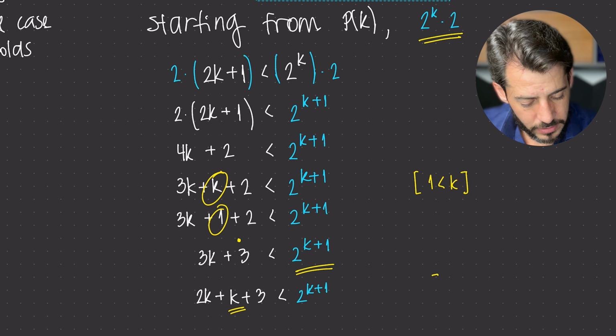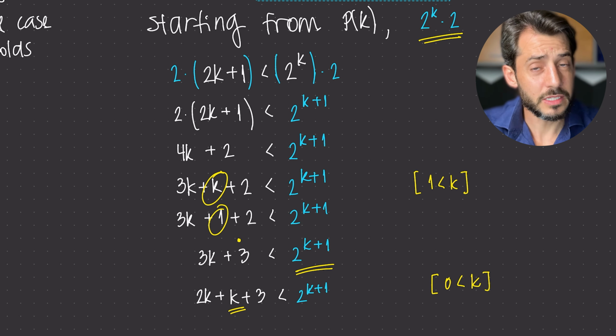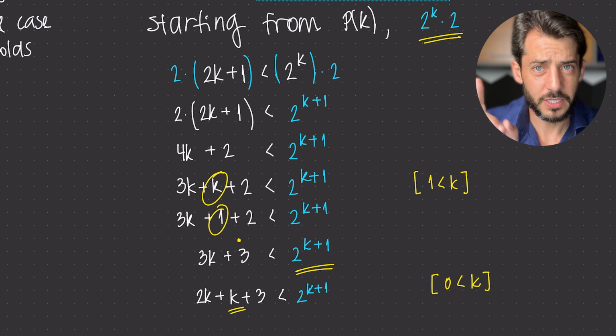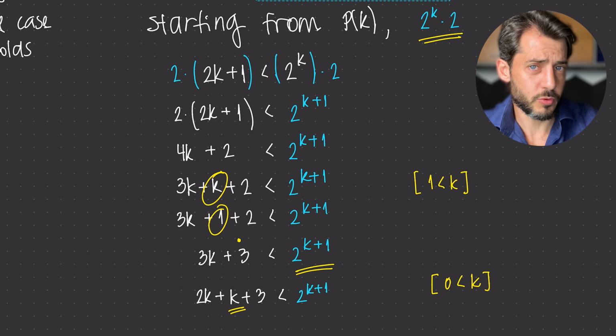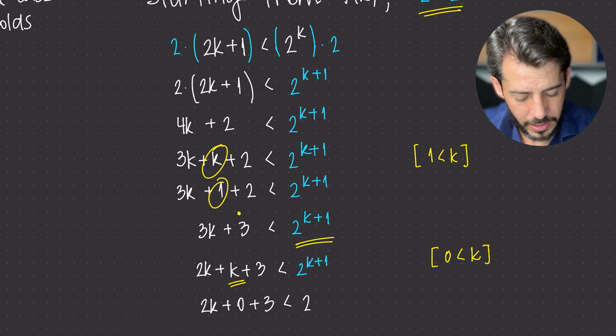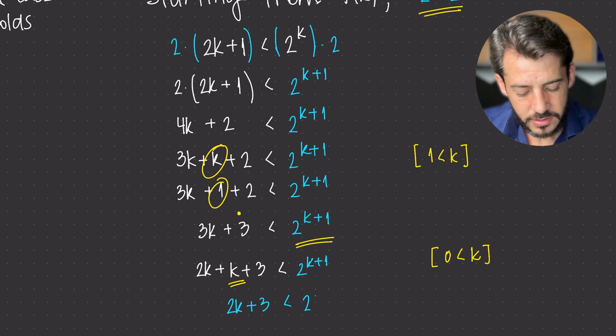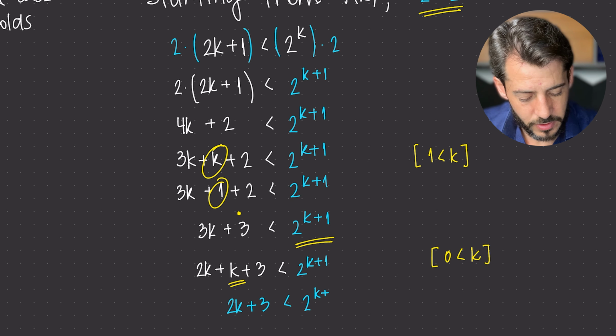And knowing that we can replace this k by 0, because 0 is less than k. Remember, k is a positive integer greater than or equal to 3. We can just rewrite this left-hand side as 2k plus 0 plus 3, which, of course, is the same as 2k plus 3. So there we go.